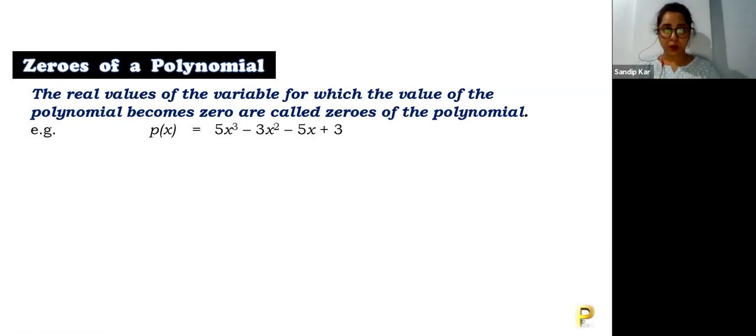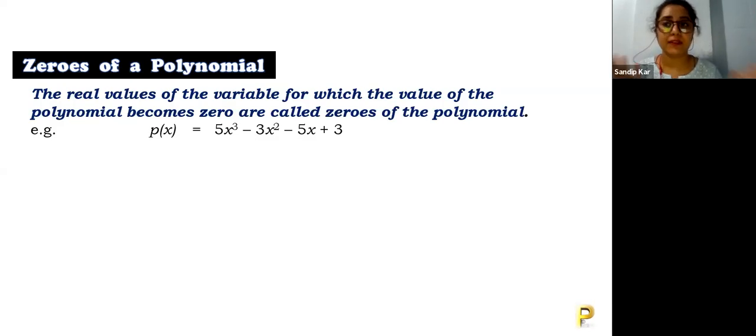Now, what does that mean? We just found how we can find the value of the polynomial, correct? So if at the end of the solution, when we find the value of the polynomial, we get the answer as 0, the number which we replaced by x is considered to be the zero of a polynomial. I'll repeat it again.